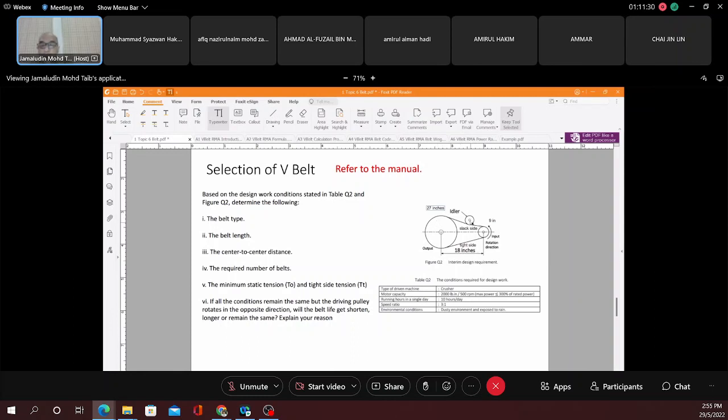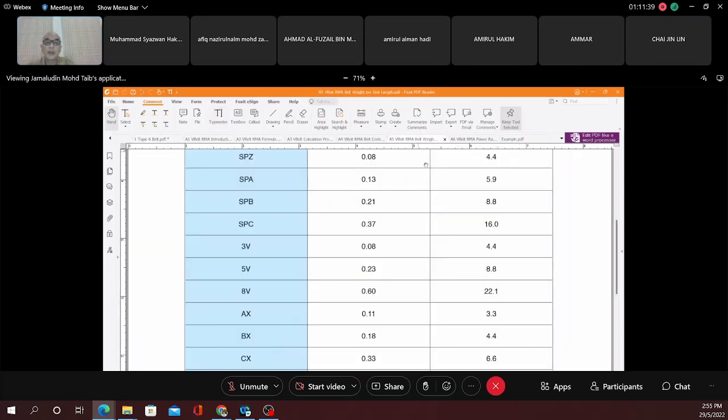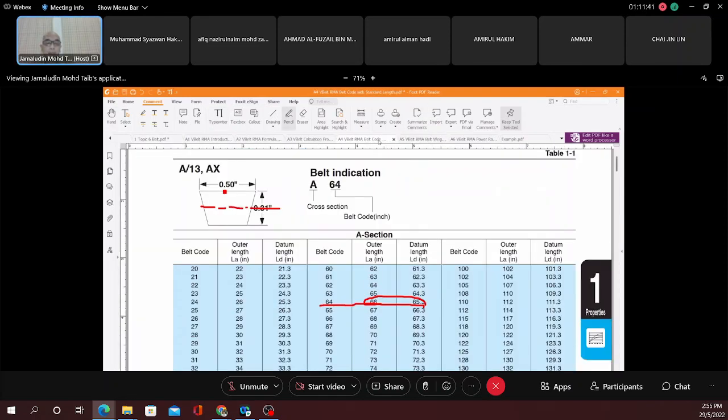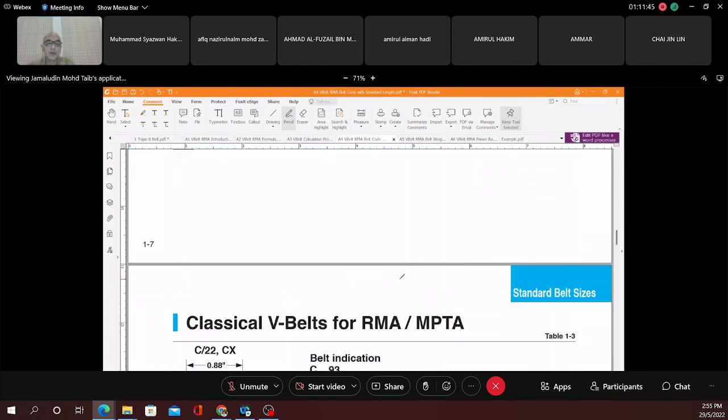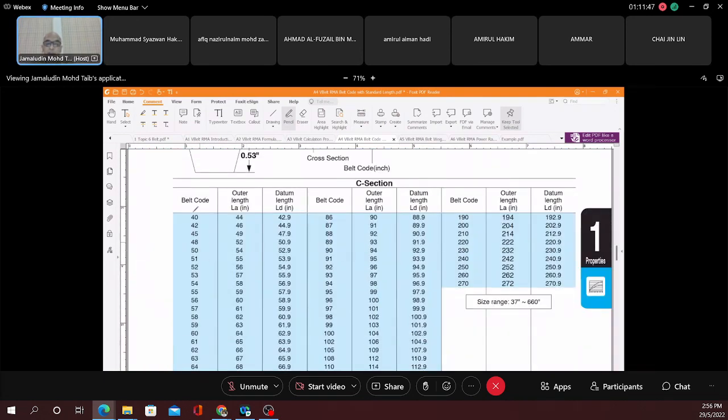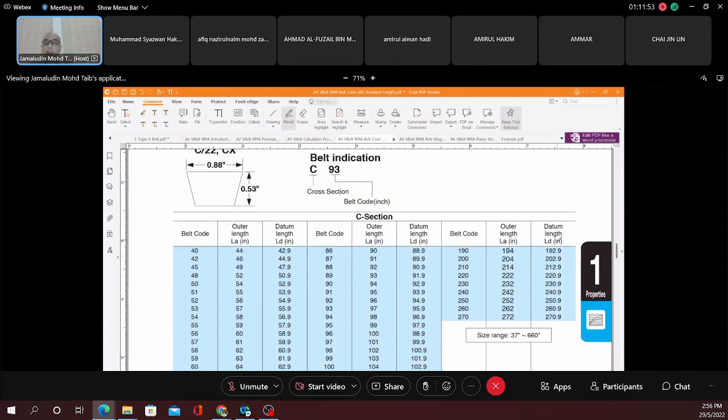That means we have to look at the type of belt, which belt we want to choose. We're going to choose C. For the C type, there are many, from 40 up to 107. Which belt we want to choose relies on the LD, the datum length, in our calculation.